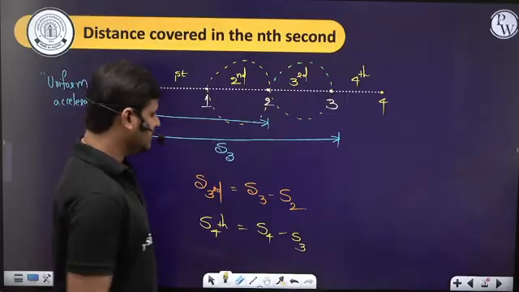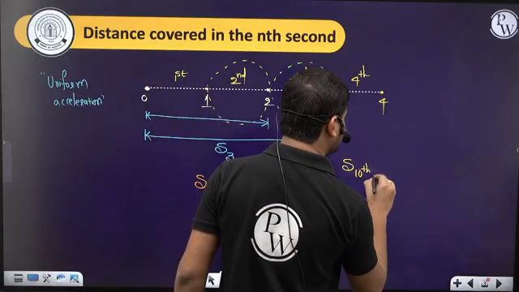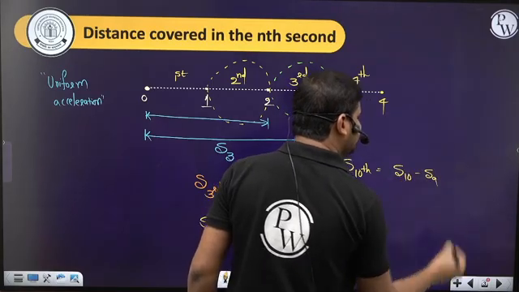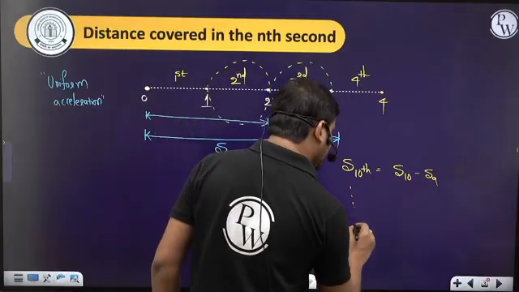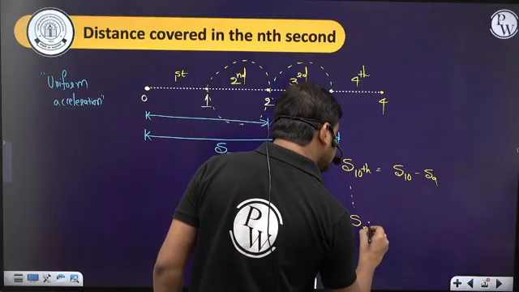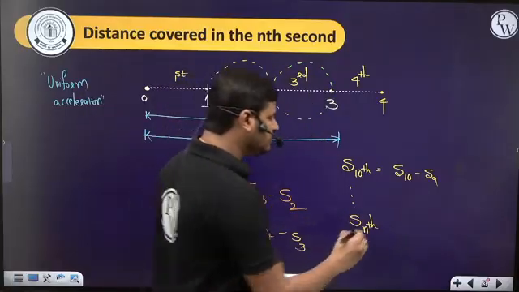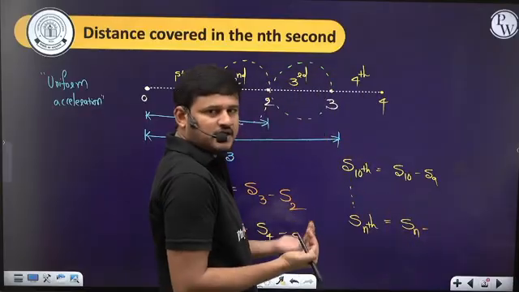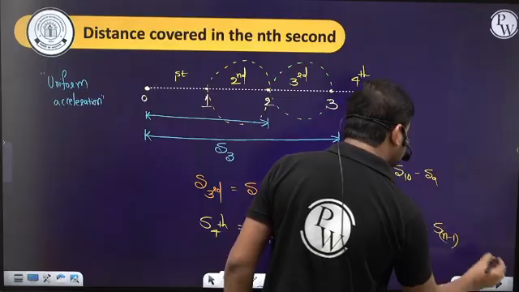Understanding? Then if I need the distance traveled in some 10th second, what will I do? The distance traveled in 10 seconds minus the distance traveled in 9 seconds. Like that, if I need the distance traveled in some particular nth second, I'll do the distance traveled in n seconds minus the distance traveled till n minus 1 seconds.